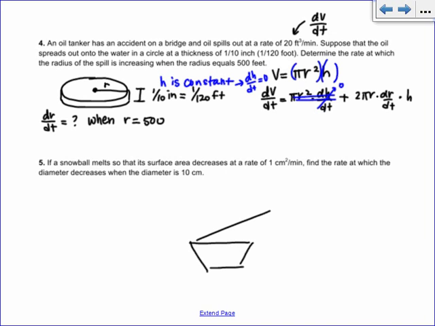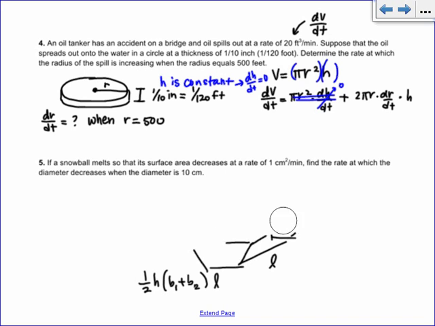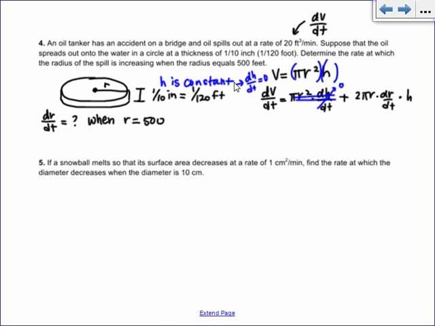We'll do these. You'll be excited. There's a length, and then there's 1/2 h (b1 plus b2) for the front times the length. You have 4 variables. Can you imagine taking the derivative without plugging things in for constants? It would be terrible. I kind of got in an argument with her. I was just like, that seems completely unnecessary. You should teach them why you can plug in constants.